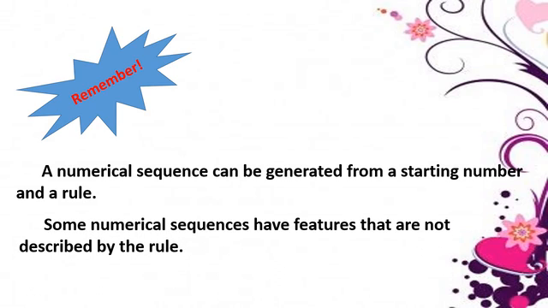Some numerical sequences have features that are not described by the rule. This means that you have to examine and analyze the numbers in the sequence and create a pattern that is not being described in the rule given.